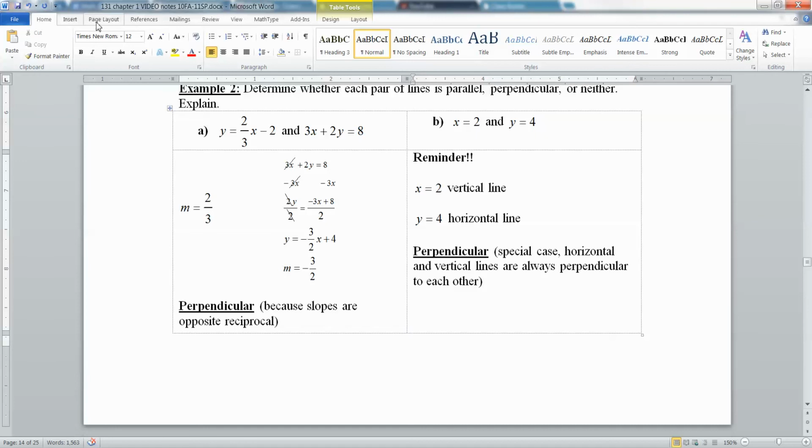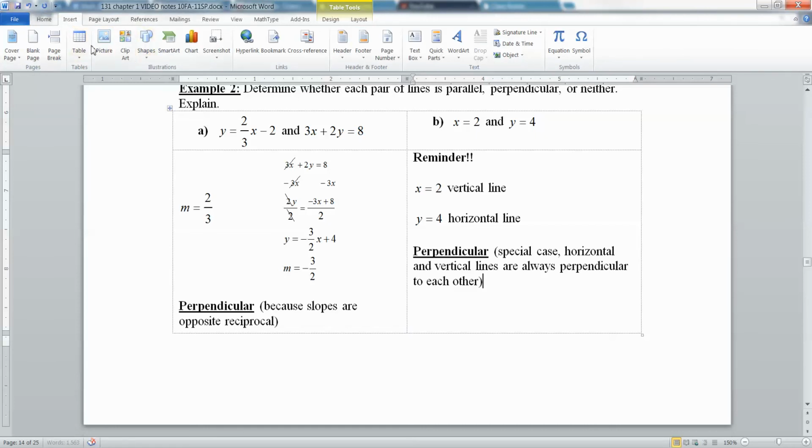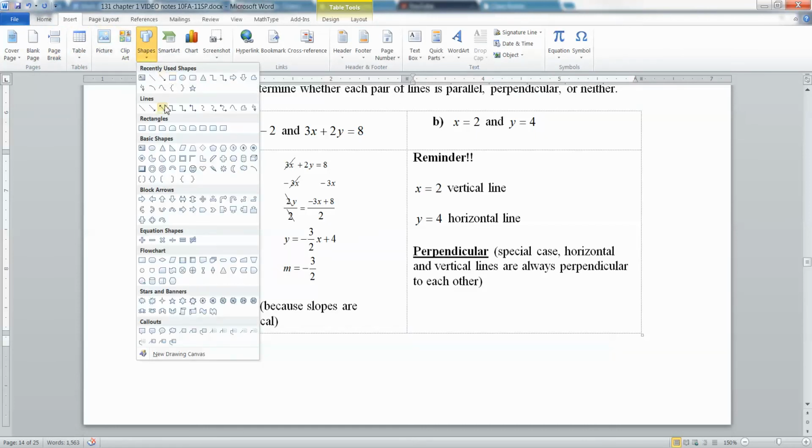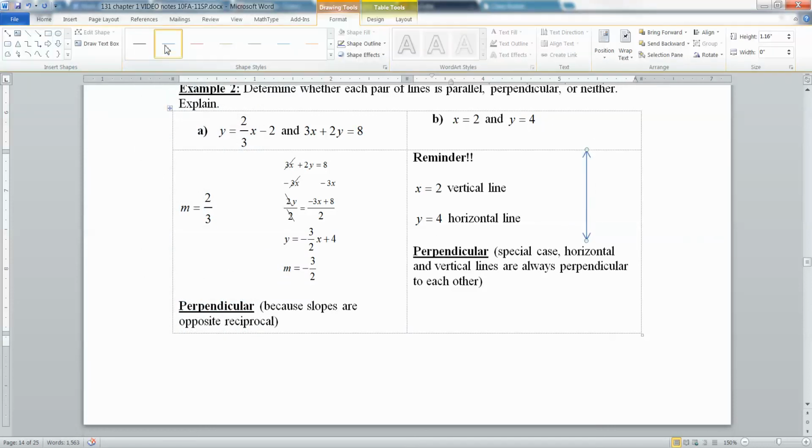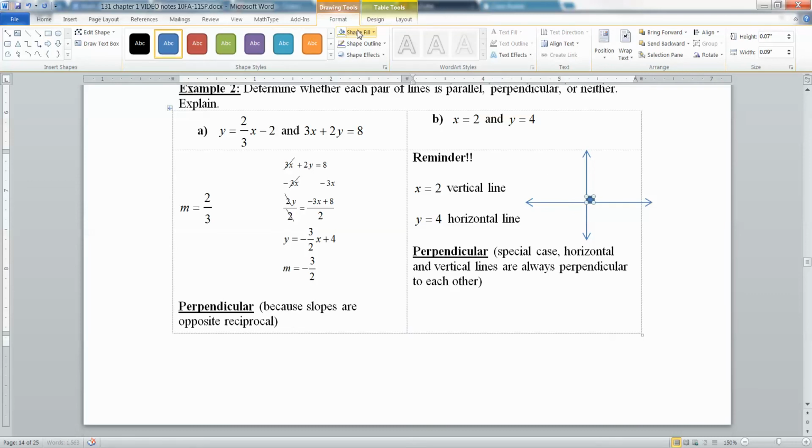So for example, if you had a vertical line like this, doesn't matter where, and then you have a horizontal line as well, like that, I know the x and y axis work as well because they're vertical and horizontal. It's perpendicular, of course it's perpendicular. Let's get real here. They're going to hit at a right angle.